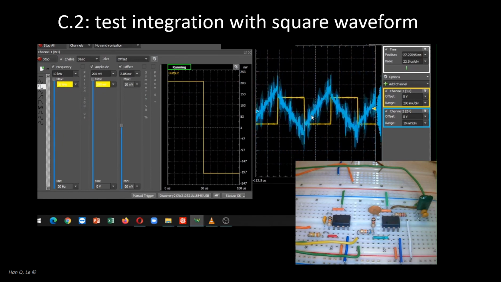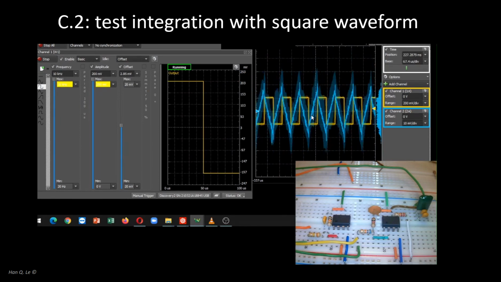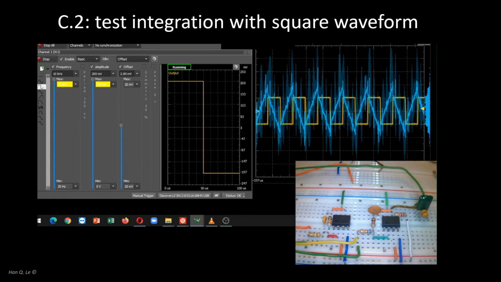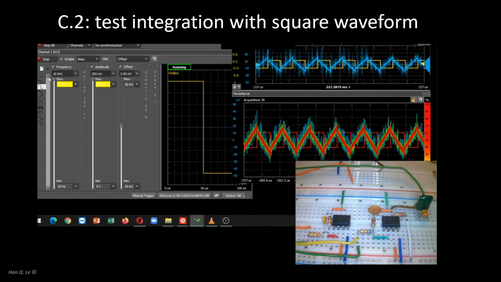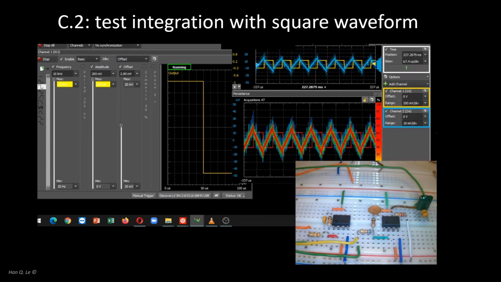When the signal amplitude approaches the noise range, persistence can be used for statistical average and get an accurate amplitude measurement. Eventually, the highest test frequency was reached, 10 kHz. Save your data for the report.